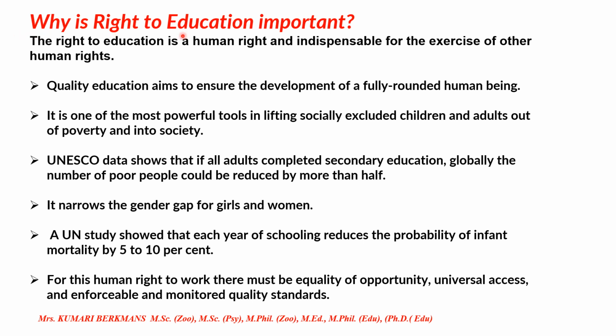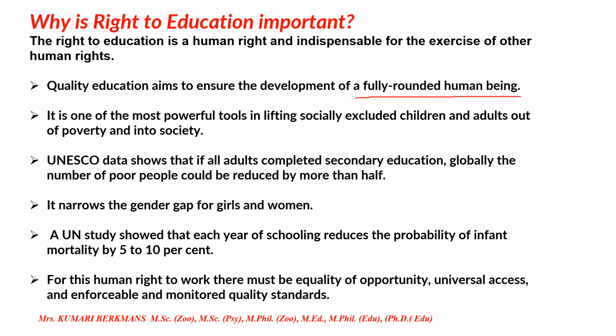Now, why is the right to education important? The right to education is a human right and indispensable for the exercise of other human rights. Number one, quality education aims to ensure the development of a fully rounded human being. Education makes a man. Education transforms a human being.